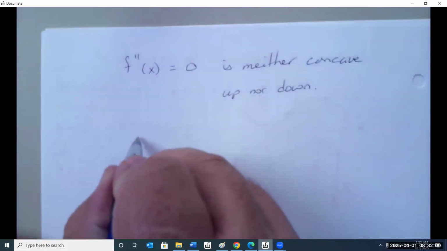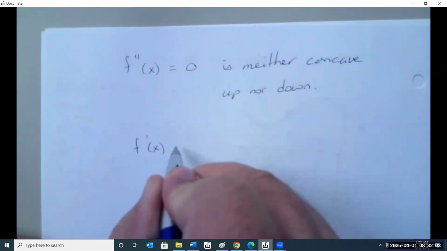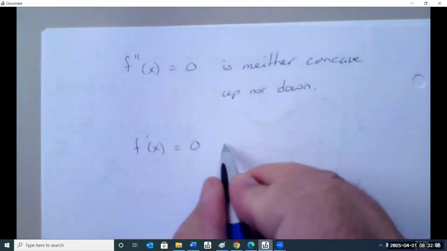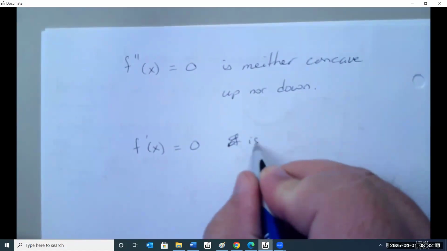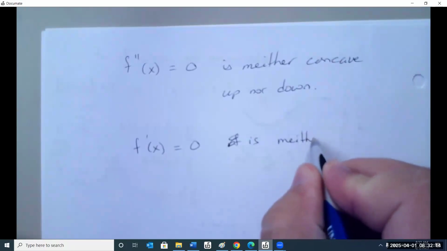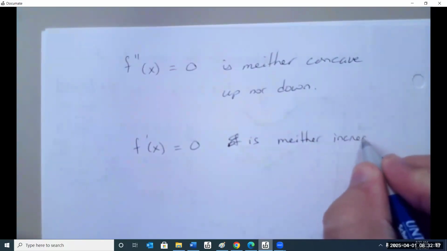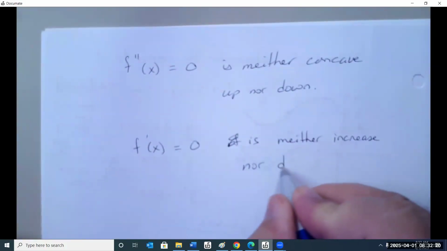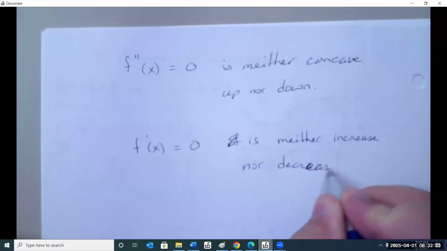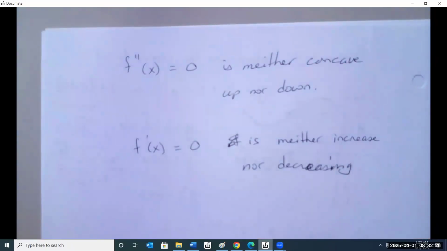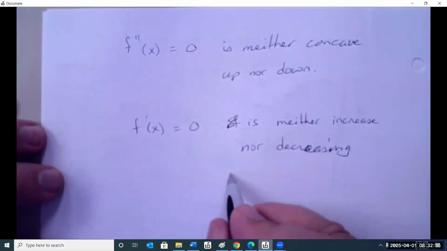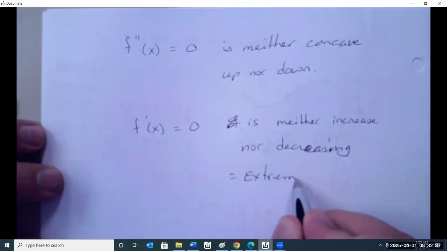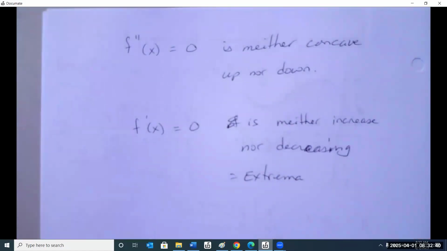It's the same in the first derivative. If we set it equal to 0, the function is neither increasing nor decreasing when the first derivative equals 0. Since it's neither increasing nor decreasing, we call that an extrema. That's in the first derivative.